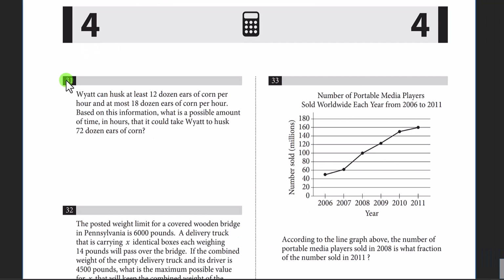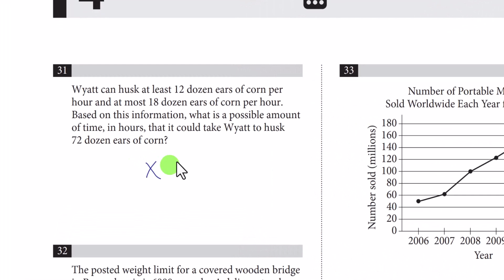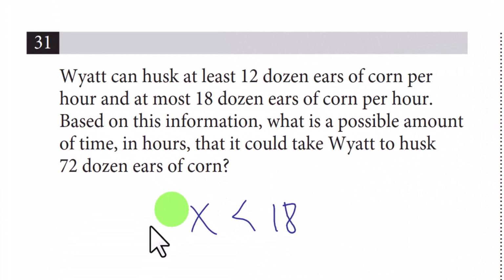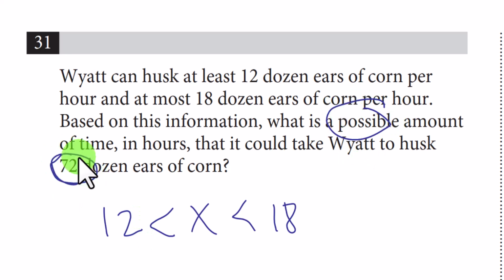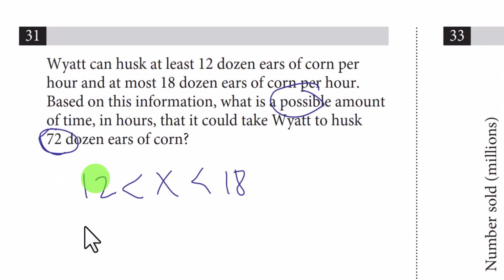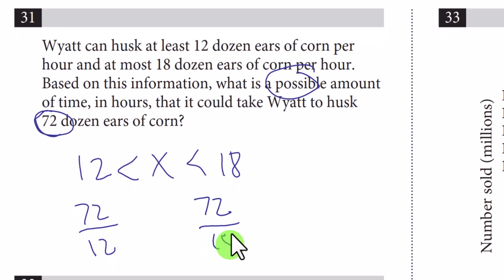Question 31. So he can do 12 dozen ears of corn per hour, and at most he can do 18 dozen. So it's between 18 and 12. And what is a possible amount? He can do 72 dozen ears of corn. 72 divided by 12 and 72 divided by 18.